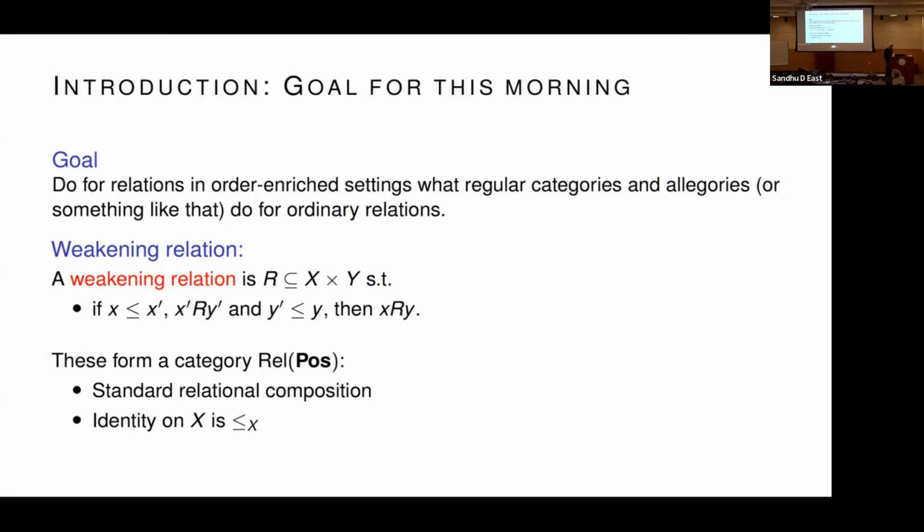So what I'm going to do is try to set up the right analogy between regular categories and categories of relations, which is the classical theory that people know, and order regular categories and X, something that would be sitting in that corner of this analogy. Yeah, in the concrete setting, yes. That's right.